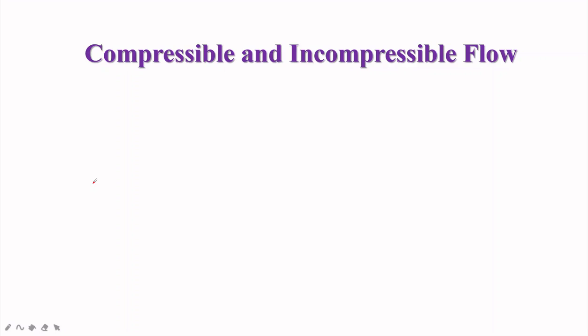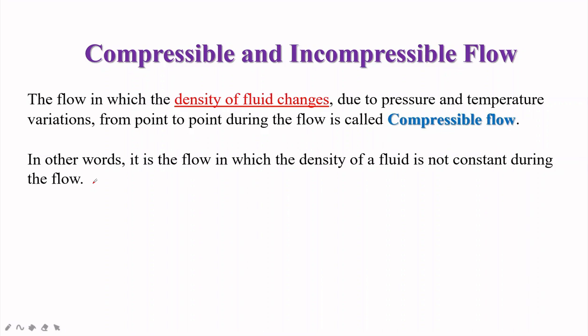Next one is compressible and incompressible flow. This depends upon density. When a fluid is to be compressed, it depends upon the density, right? The flow in which the density of the fluid changes due to pressure and temperature variation from point to point during the flow is called compressible flow. In other words, it is the flow in which the density of a fluid is not constant during the flow.